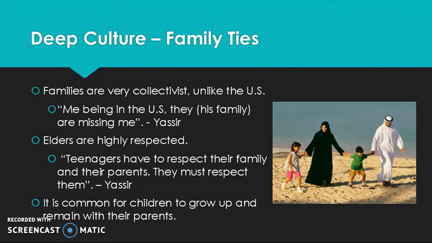One of the other things that I noticed was that it was common for children to grow up and remain with their parents. Yasser told me that children would even remain with their parents until the age of 60, which I was shocked by because most students here in the US leave their households very soon after they turn 18.